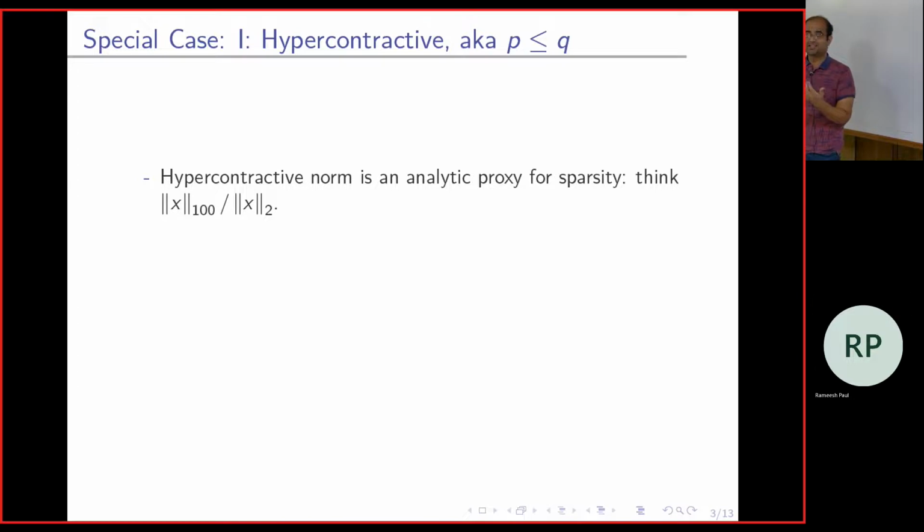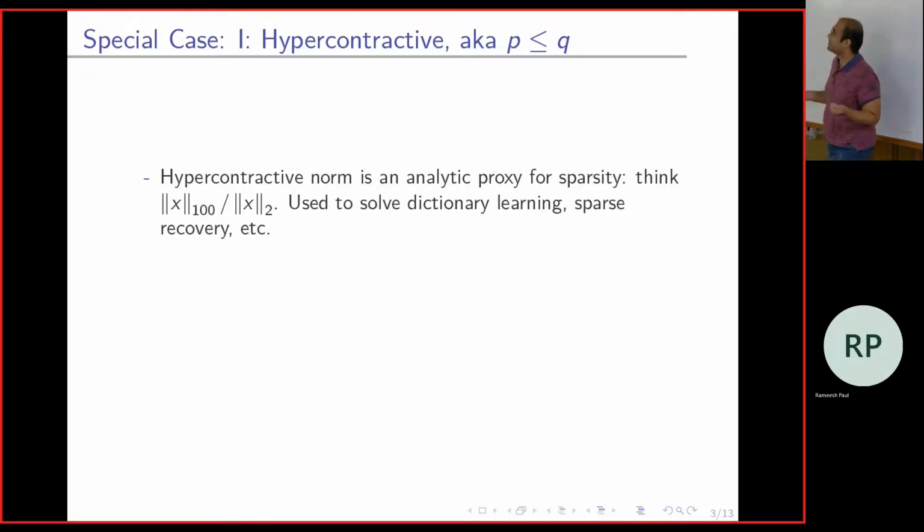So the contribution of the large entries is what we're looking for, and that's a very good approximation to analytic sparsity. This has been used for dictionary learning, sparse recovery, and problems like that.